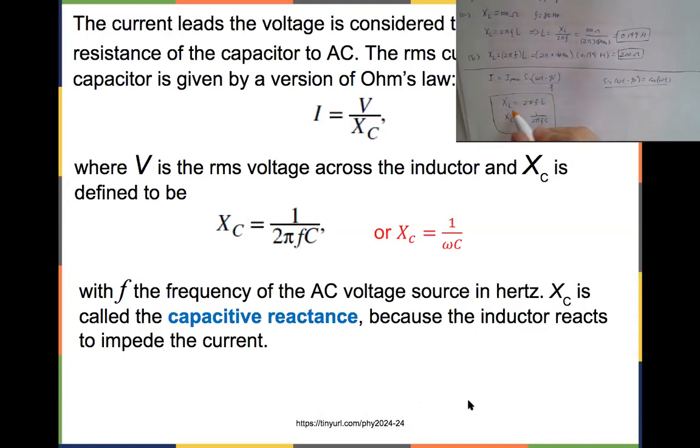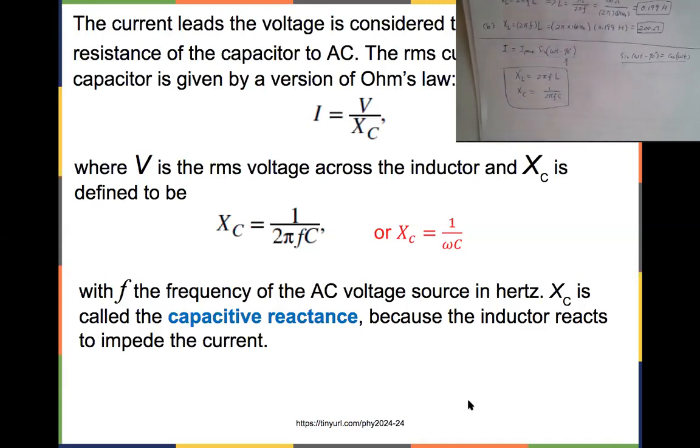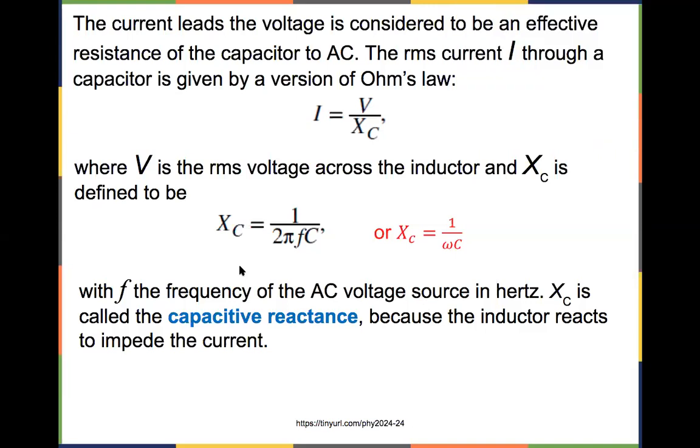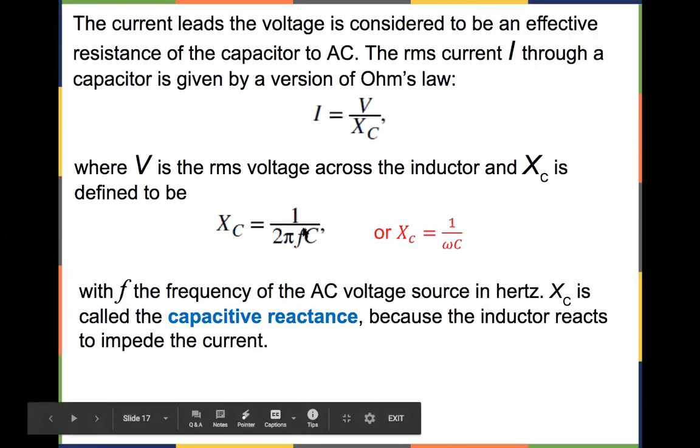For an inductor, it's proportional to the frequency and inductance. For a capacitor, the reactance is inversely proportional to frequency and inversely proportional to the capacitance, okay? So notice the difference here. And again, this has an SI unit of ohms.